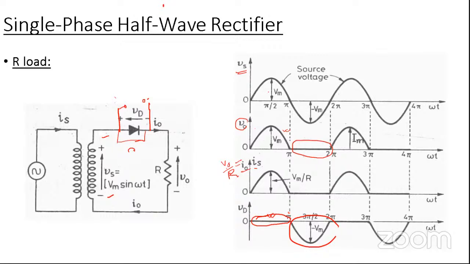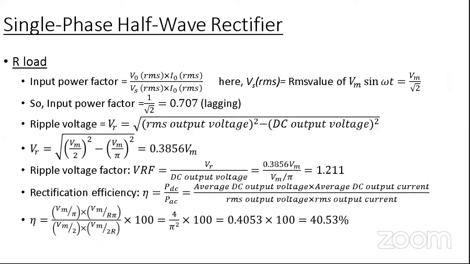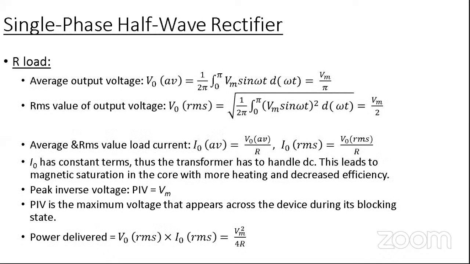Okay, now you have to find out what is the average output voltage, what is the RMS output voltage, what is the average output current, and what is the RMS output current. Okay, so for finding the average output voltage, V average of the output voltage, you should have knowledge about how to find the average voltage and RMS voltage from the waveform. It is very simple for this waveform.